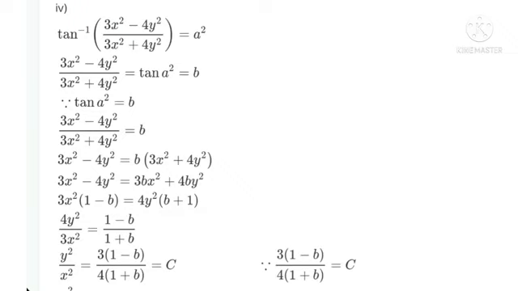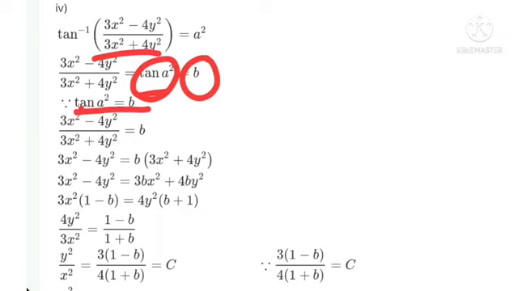You can write this in terms of tan of a square. See, the third one, fourth one I told you: tan inverse of 3x square minus 4y square upon 3x square plus 4y square is equal to a square. From this you calculate the value of 3x square minus 4y square upon 3x square plus 4y square is equal to tan a square. You call tan a square as b.